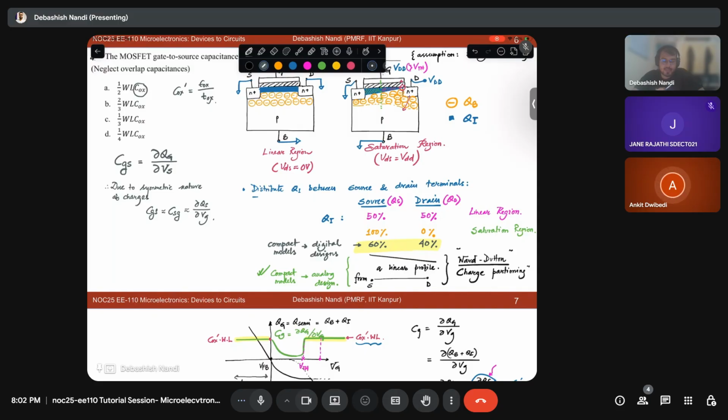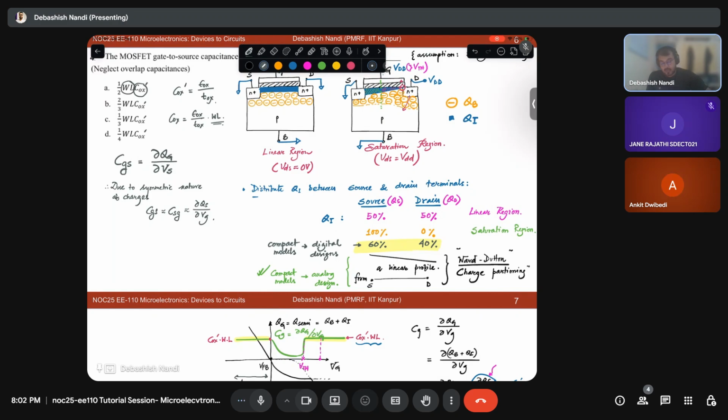But it is in per unit area, right? I guess. Per unit area. So overall capacitance you have to multiply with area. Yes. So this you will multiply with area, right? To get the overall capacitance. Assume that this is Cox. Okay.